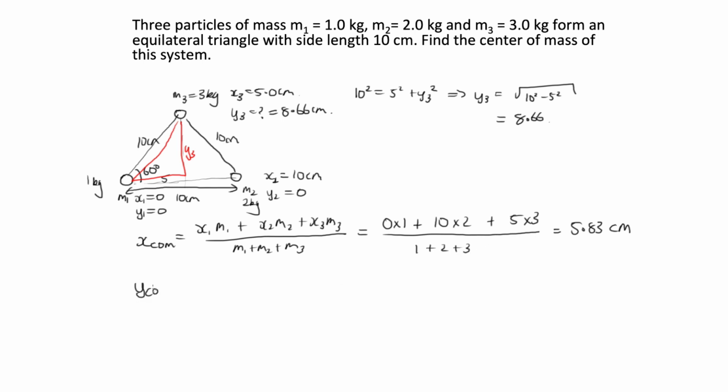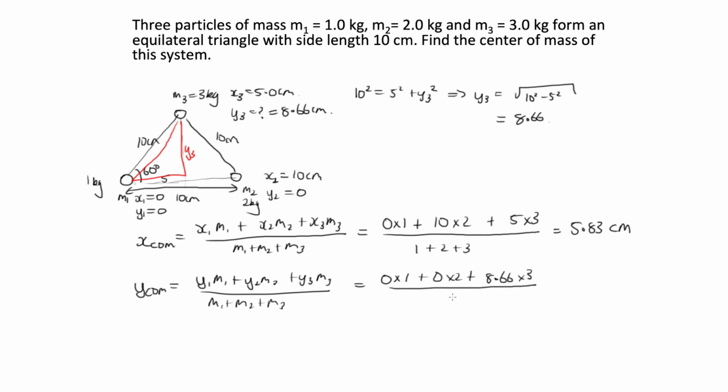So the y for the center of mass is equal to y1 m1 plus y2 m2 plus y3 m3 over m1 plus m2 plus m3. And this is equal to 0 times 1 plus 0 times 2 plus 8.66 times 3 divided by 1 plus 2 plus 3, which is 6.